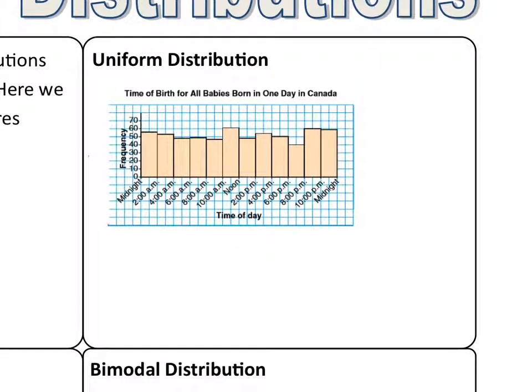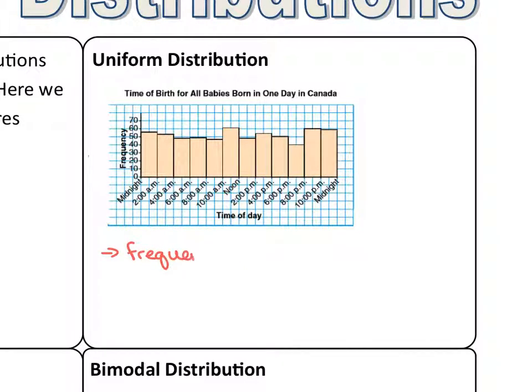So the first example is what's called uniform distribution, and this is where, you'll notice, all of the bars seem to be approximately the same frequency. So that is the key feature for a uniform distribution. There's no distinguished high point or distinguished low point.